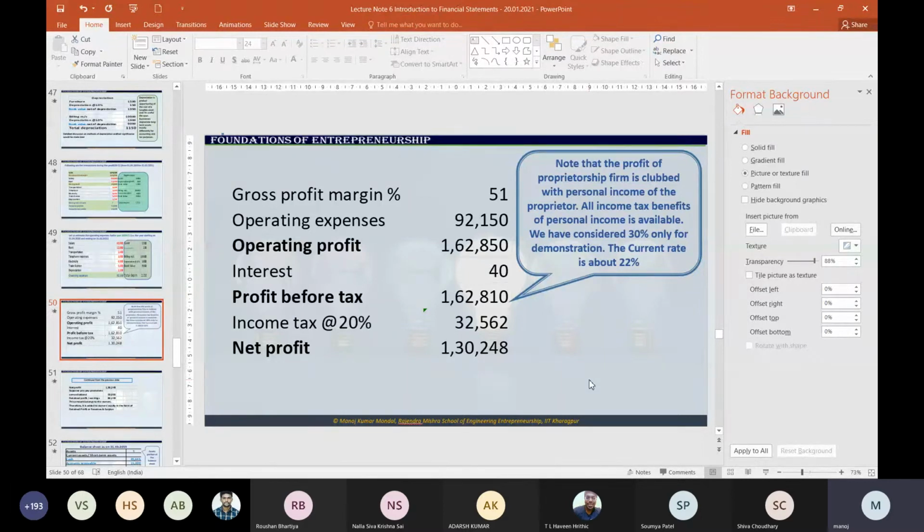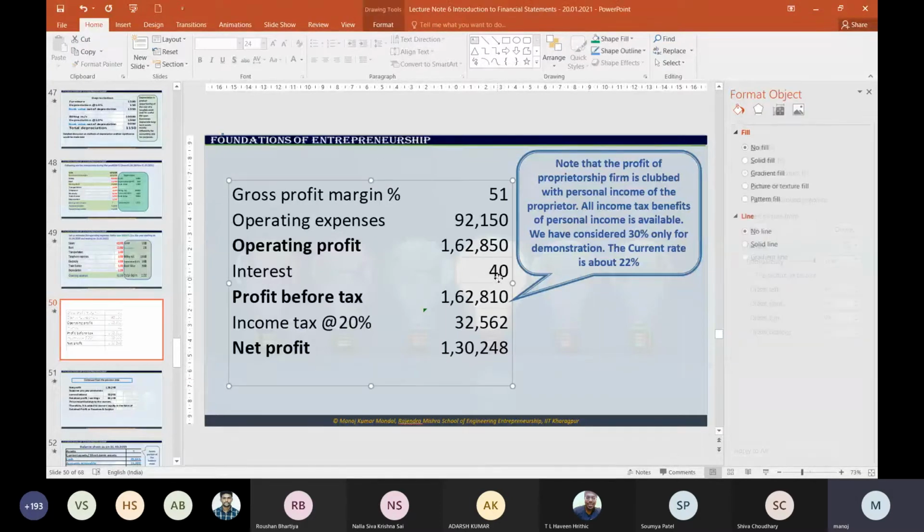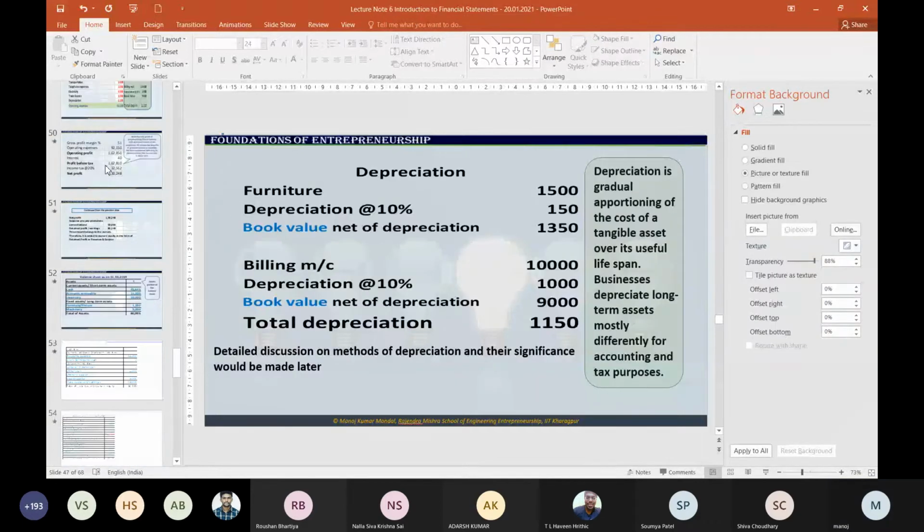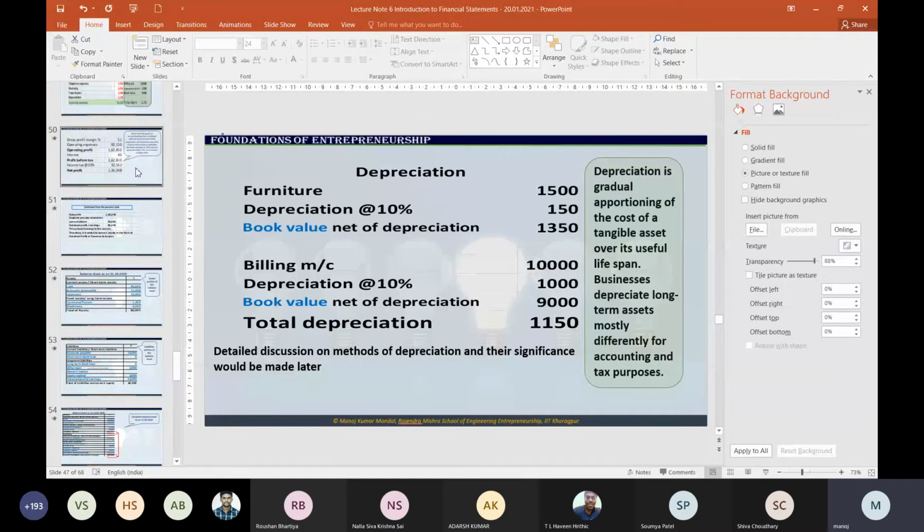You borrowed 4,000 rupees, and the guy told you that you have to pay interest at the rate of 10%. Was it 10%? I made a serious mistake. Is it 10%? Did I mention? Okay, whatever. I should not do the correction now.